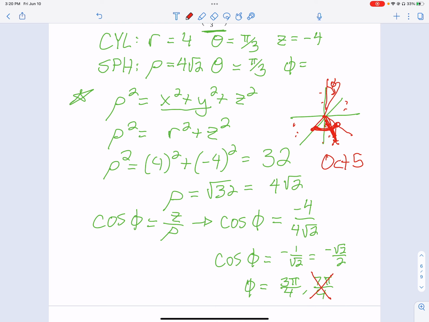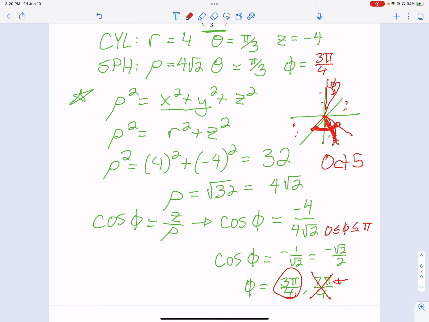That's past pi. We could also think about that phi is defined between 0 and pi, which means we would not get this. So it's 3 pi over 4 because we want phi to go all the way down below into octant 5.